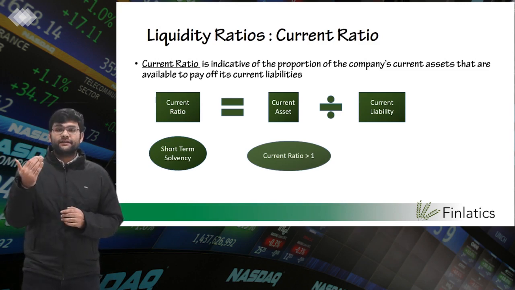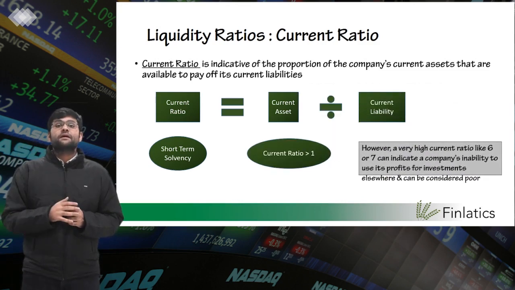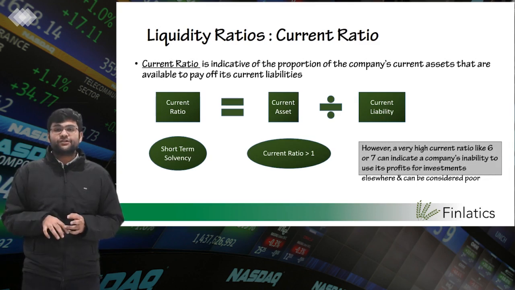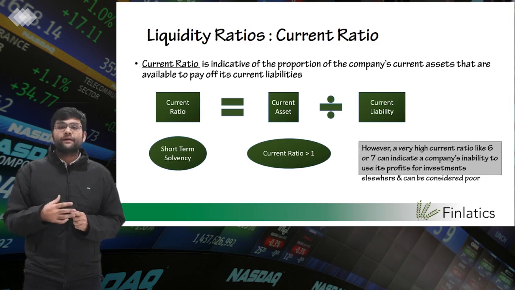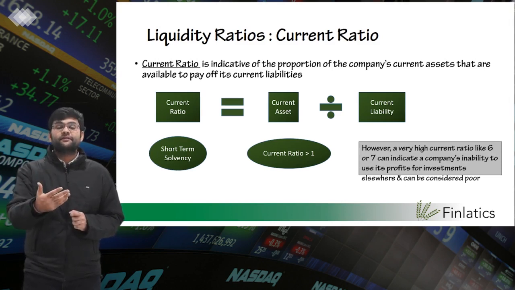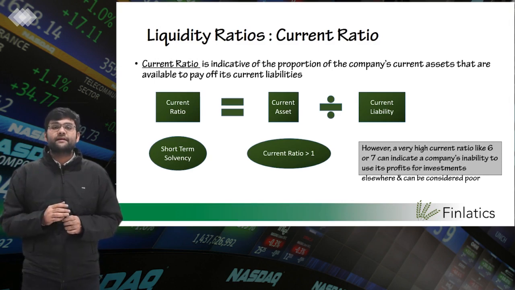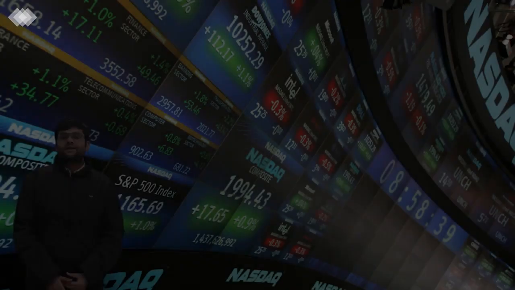A very high current ratio, say of around 6 or 7, would mean that the company is generating enough cash but is not able to deploy it in order to grow or generate further profitability. Therefore, an extremely high current ratio like that of around 6 or 7 is considered unhealthy.